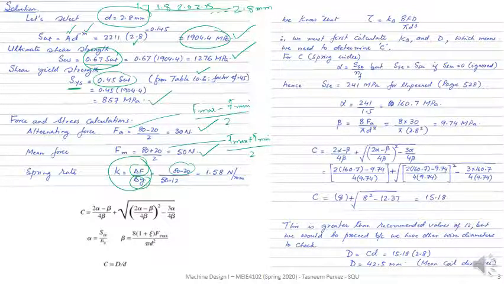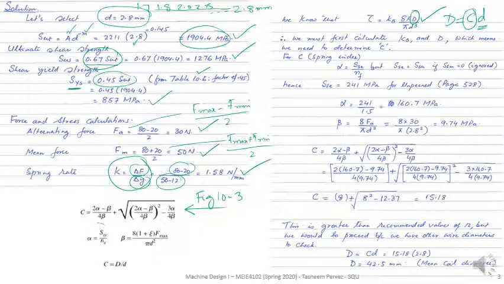Change in force is this, change in deflection is this. So this is my spring rate. Now I will go and calculate the stress. But to calculate the stress, what I need is D. And D is equal to C times d. I know d, so I need to calculate C. And in order to calculate C, if you recall, this is the formula that was given in figure 10.3.